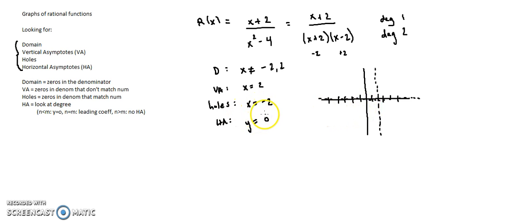The holes do not show on your calculator, so this is something that you have to be able to identify and put into the picture. If you don't have a graphing calculator, then from here, you would probably have to plot a few points to see what's going on with the graph. So we're going to have this piece up here, like that. And then down here, there's going to be another L-shaped piece, but we're going to have a hole at negative 2. It's going to look something like this.